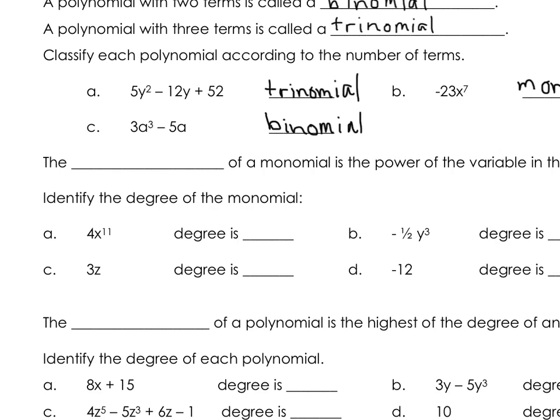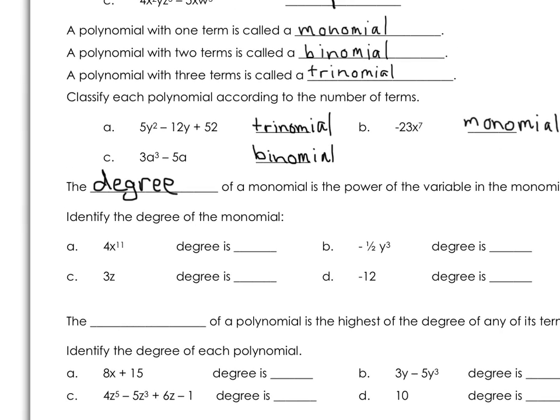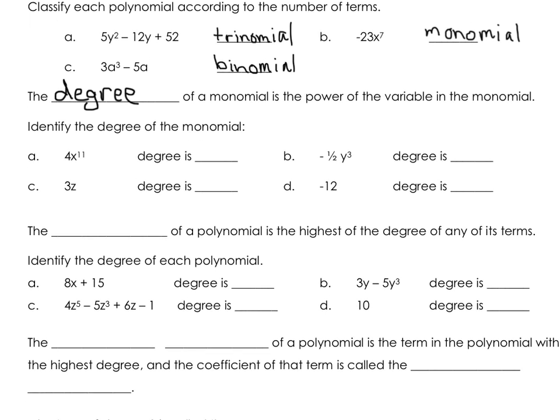The degree of a monomial is the power of the variable in the monomial. Identify the degree of the monomial. 4x to the 11th, what is the exponent? What power is x raised to? 11. Negative 1/2 y cubed.